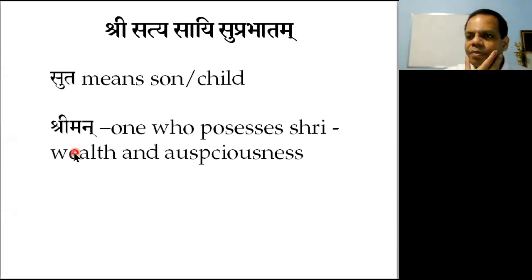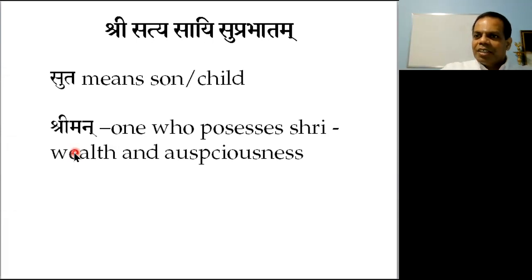Hanu means jaw. Man means one who has the jaw. Because of the monkey face, he was called Hanuman. That's why the word Hanuman comes. Another word is Brahman, which we have discussed. Brah means that which keeps on expanding. The scientists say the universe is continuously expanding, the stars are moving away from each other.